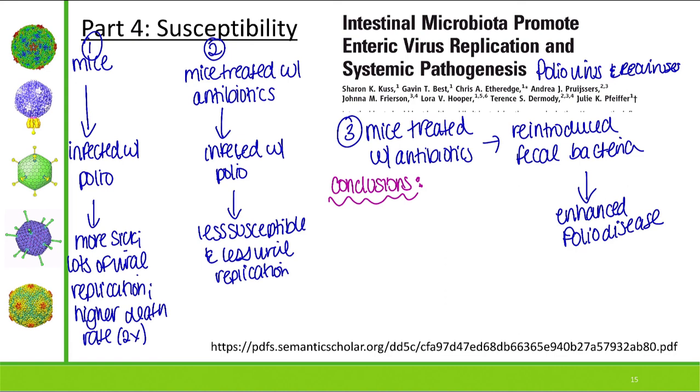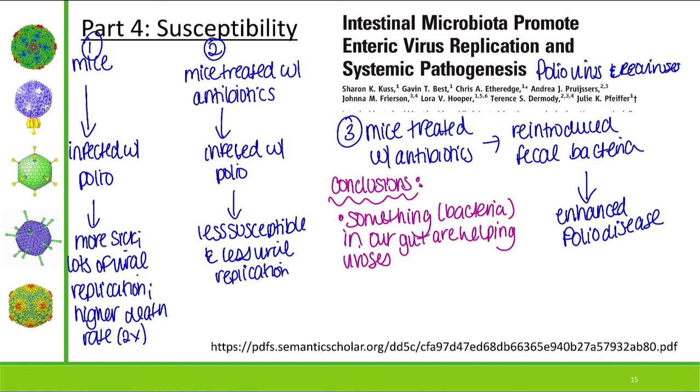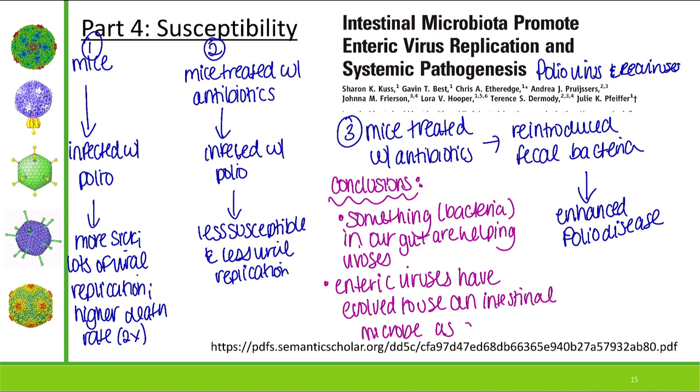So their conclusion was that those bacteria in our gut are helping viruses, which is kind of amazing to think about because the viruses that they're working with are, of course, eukaryotic viruses, which do not infect bacteria. And their other conclusion was that enteric viruses have evolved to use an intestinal microbe as a trigger for replication and transmission.